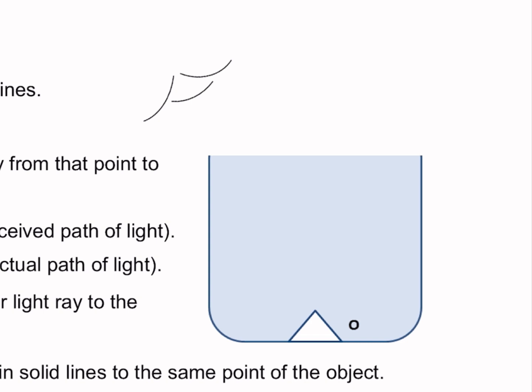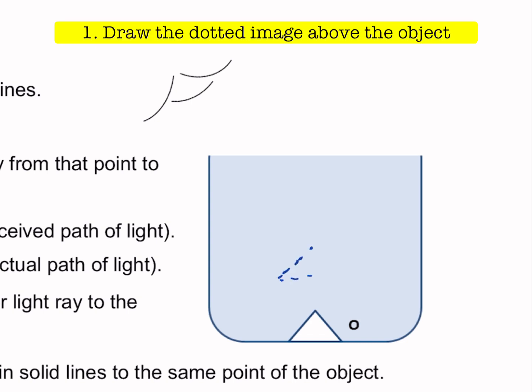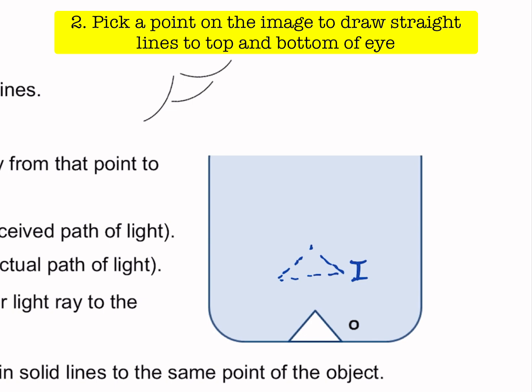I know that the image must appear higher than that of the object. So draw the image in dotted line because it's not real. Then we pick a point from the image and draw a light ray from that point to the top of the eye. Okay, so say I pick this point to the top of the eye.